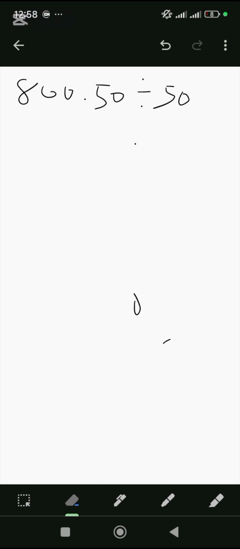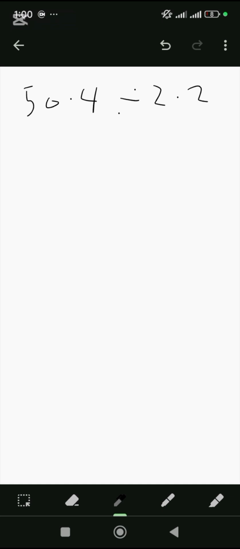Case number 3 is where we have a decimal number and a decimal number. This is 50.4 divided by 2.2. You see that the dividend is a decimal number and the divisor is a decimal number.